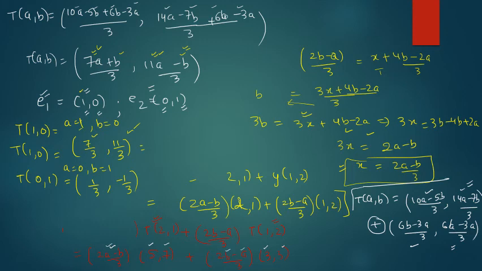Your matrix A, for which you have to find out the rank, will become: first row 7 by 3, 11 by 3, for a single base, and then another row 1 by 3, minus 1 by 3.